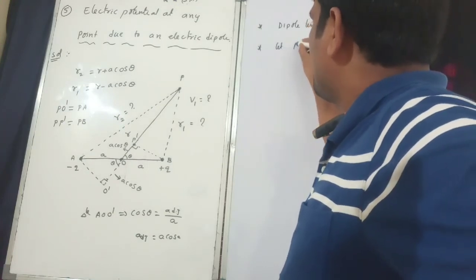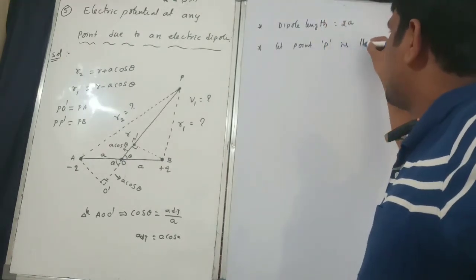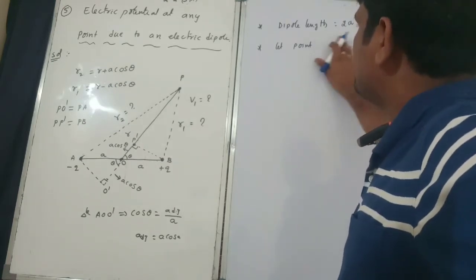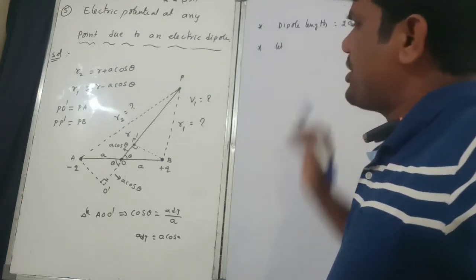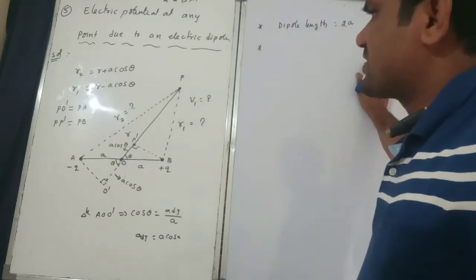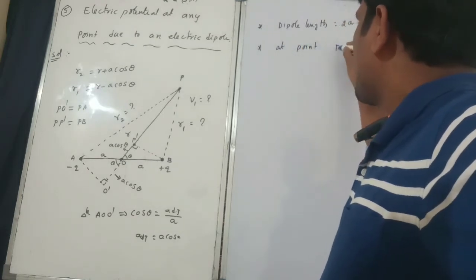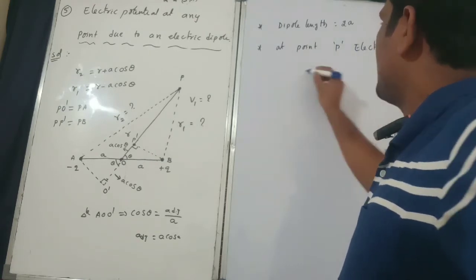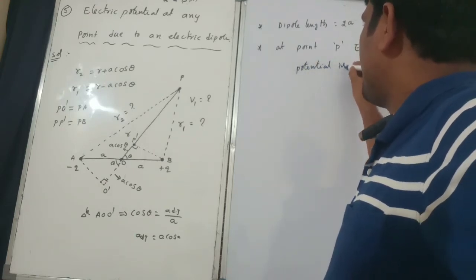Let point P be a point. You can write it. Dipole length is 2A. So at point P, electric potential is what?